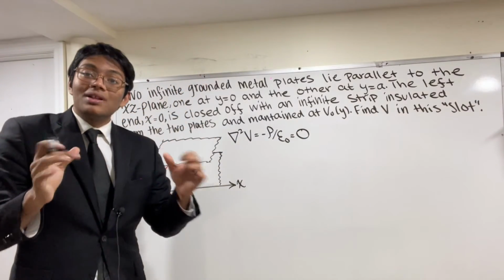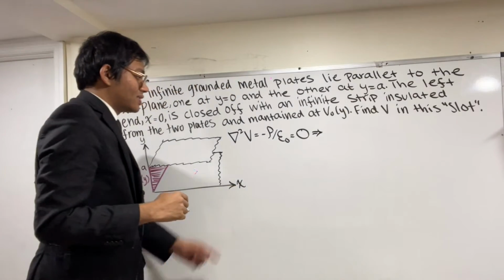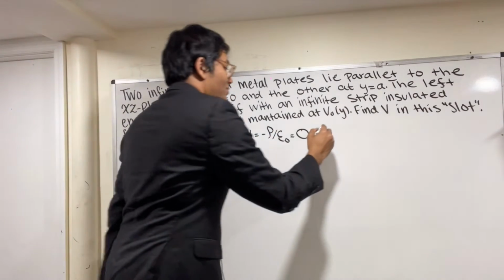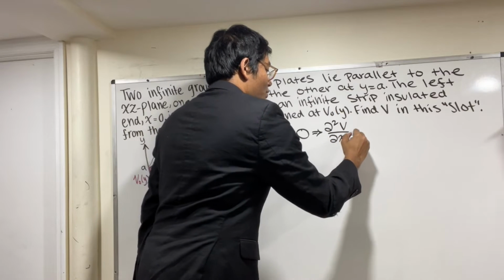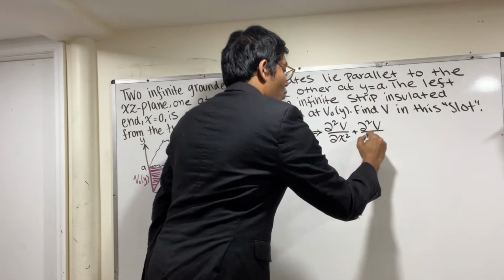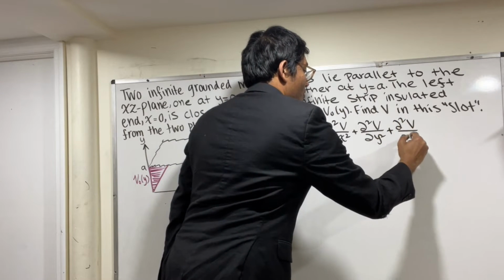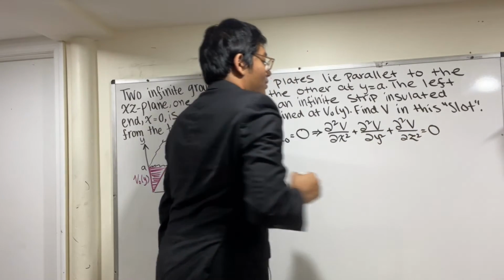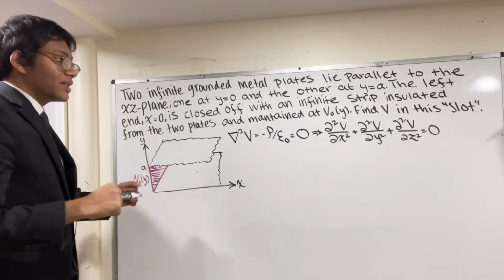Hence we have Laplace's equation. Let's expand this in terms of partial derivatives. If nabla squared V is equal to 0, then the second order partial derivatives of V with respect to x, y, and z all add up to 0, right? Okay, so far so good. Just doing some regular good old vector calculus.